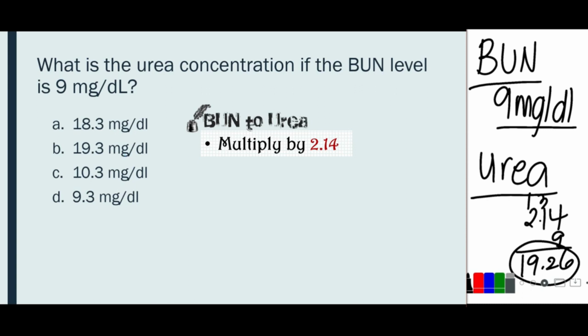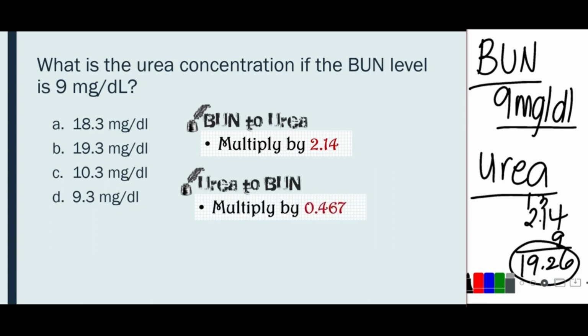But what if the question wants you to convert a urea concentration to BUN concentration? Take note, you do not divide it by 2.14 but rather you'll have to use another conversion factor. So if it is urea to BUN, you have to multiply the urea level by 0.467.